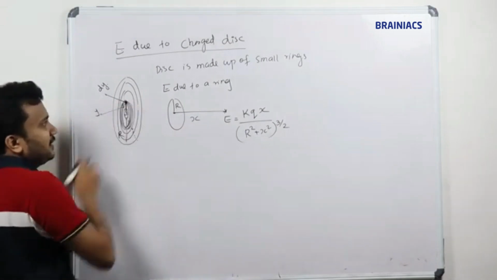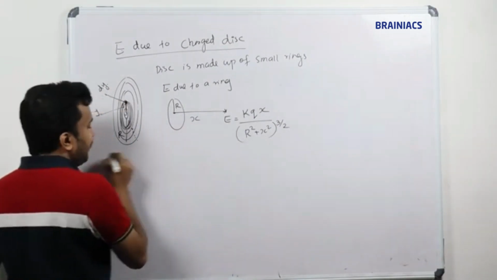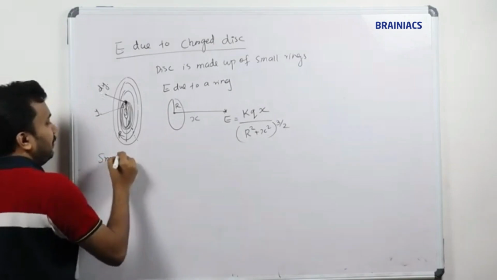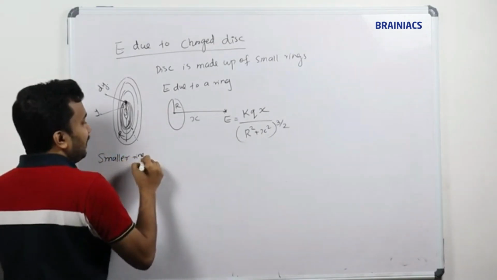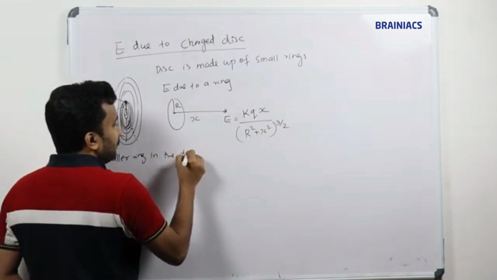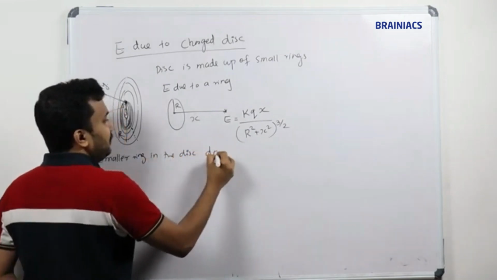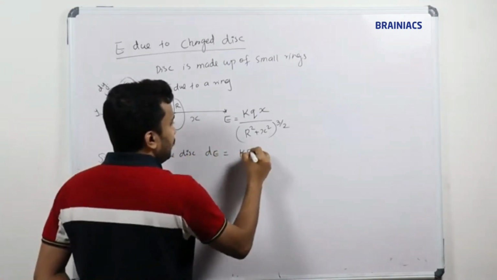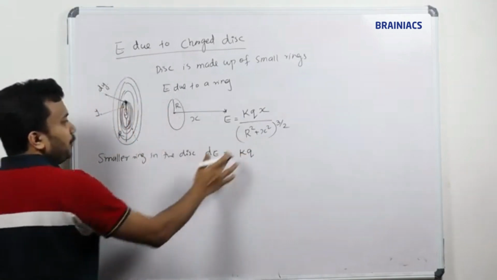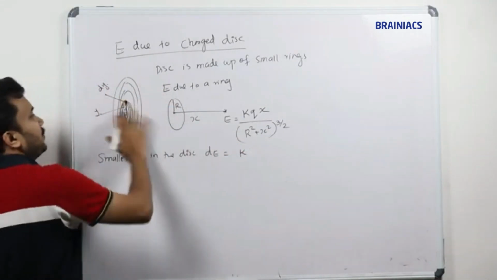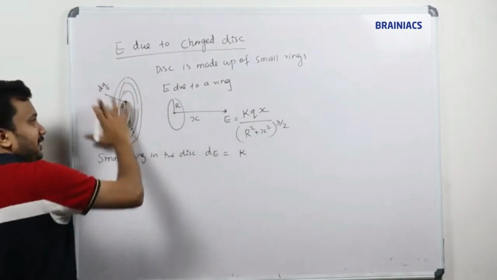So the electric field intensity due to the smaller ring in the disk, dE, will be equal to, tell me, KQ. Here Q is the full charge for the disk.